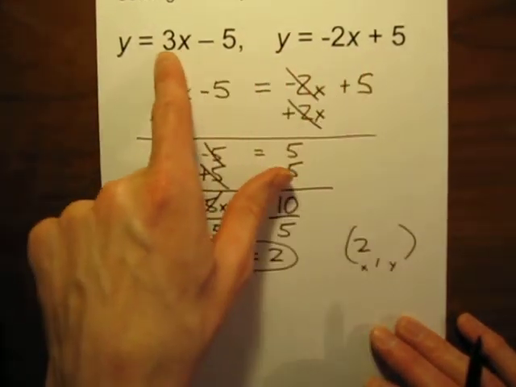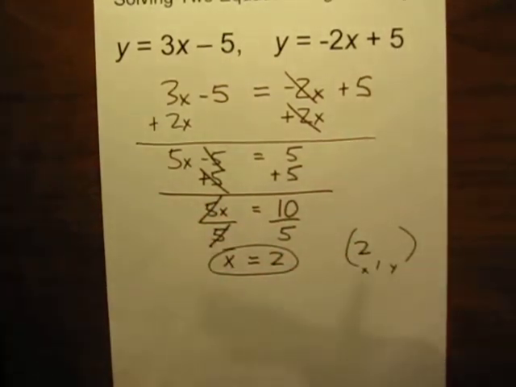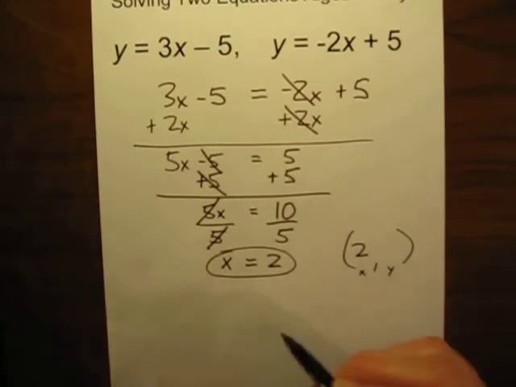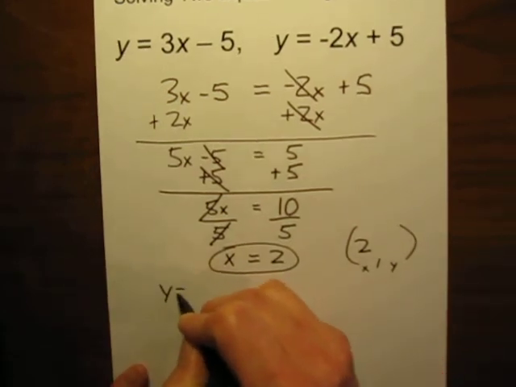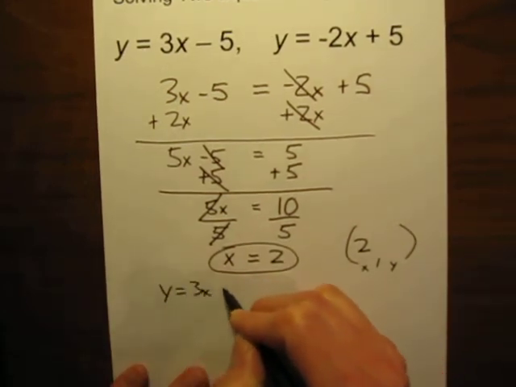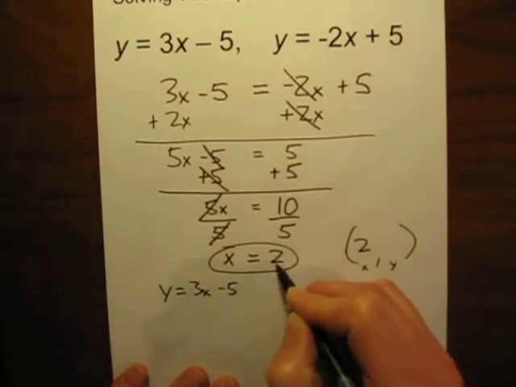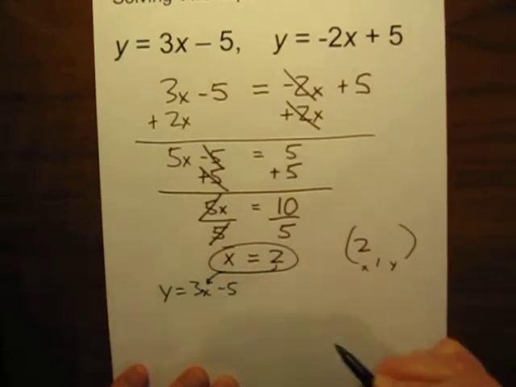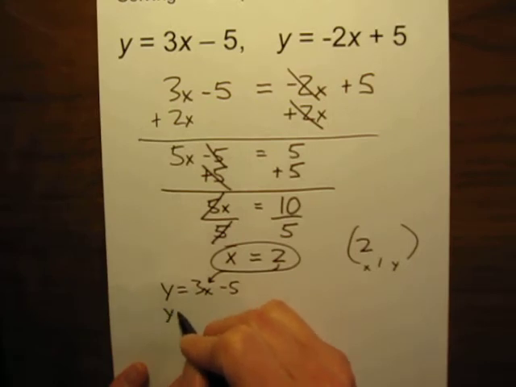Usually I'll just pick whichever equation looks shorter and easier. They both look about the same to me, so I'm just going to take this first one. So let's take that equation, y is equal to 3x minus 5, and let's substitute 2 in for x.